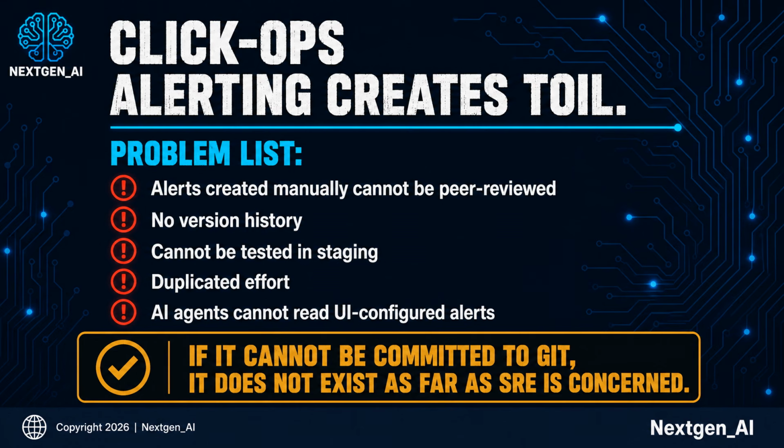And it is incredibly fragile. A single accidental click can disable a critical production alert without anyone noticing until an outage occurs. As infrastructure has moved toward declarative, version-controlled code, our observability and alerting strategies must evolve to match. We cannot manage cloud-native telemetry with manual UI clicks.